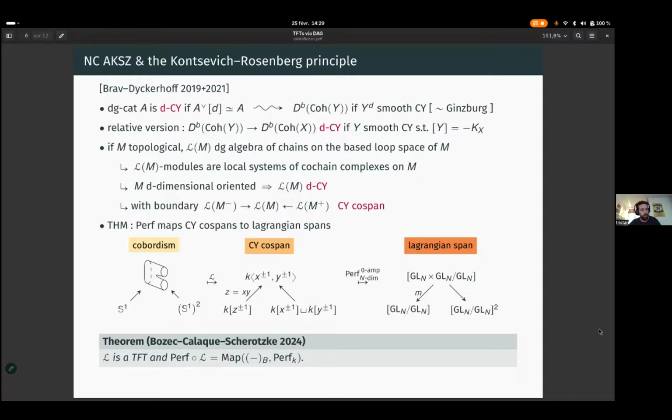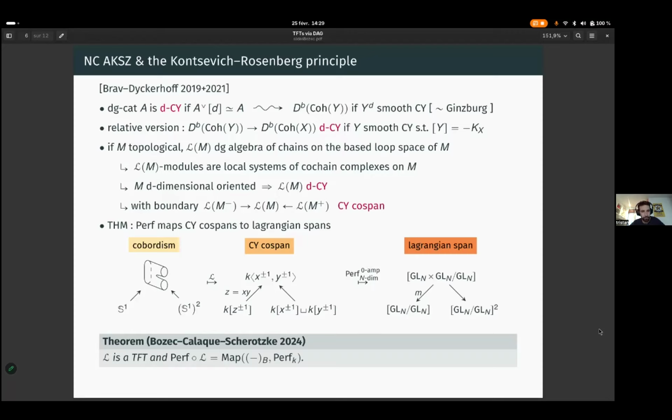So here I'm going to take the point of view of Brav and Dyckerhoff. That works in the context of DG categories, and which gives non-commutative analogs of shifted symplectic structures.